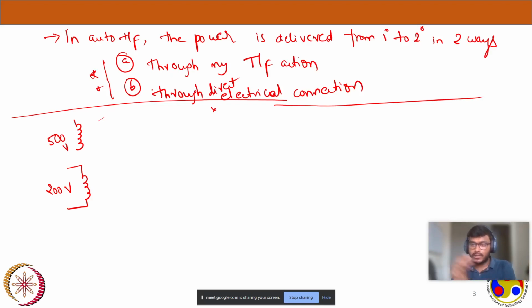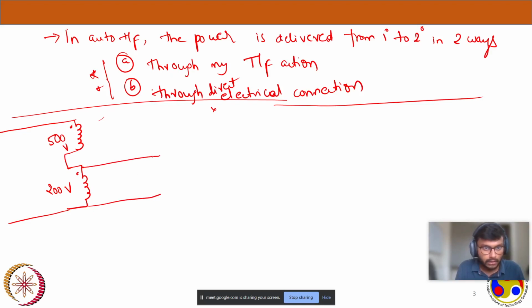Now I don't need to supply a 700 volt load. Instead, I have a 700 volt supply and I want to feed a 200 volt load. For that purpose I am making this connection. These two I will connect, and this one. I will mark the dots as well. Now I'm taking the output at this particular point.